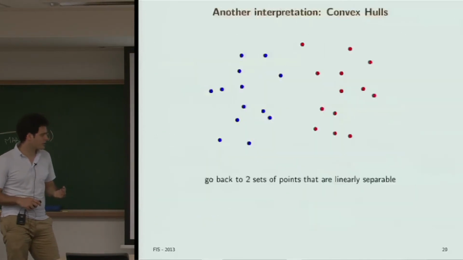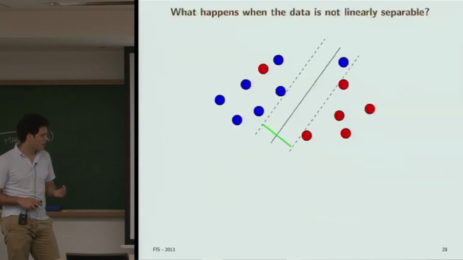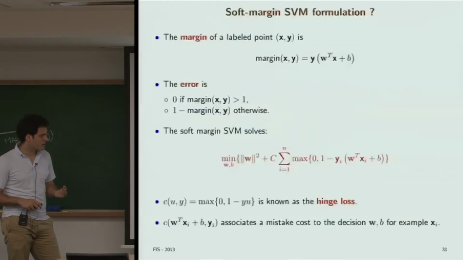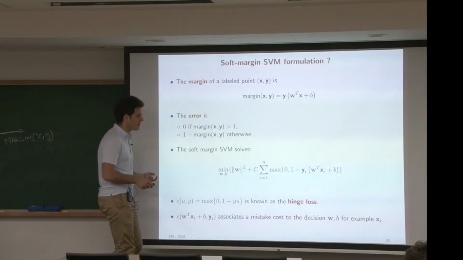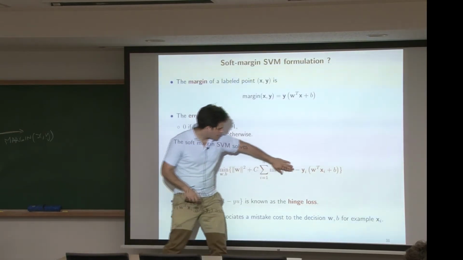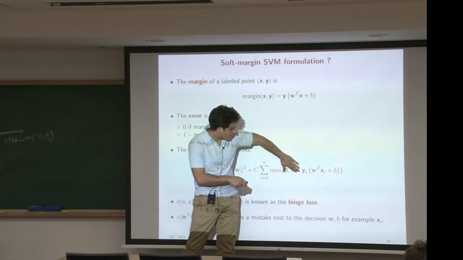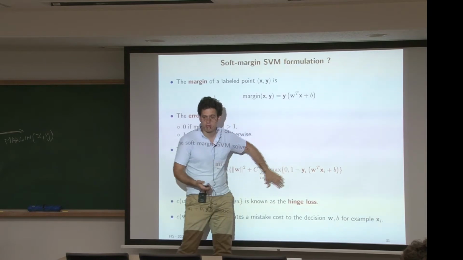And the soft version is just simply to say, okay, as long as this is bigger than 1, it's going to be 0.